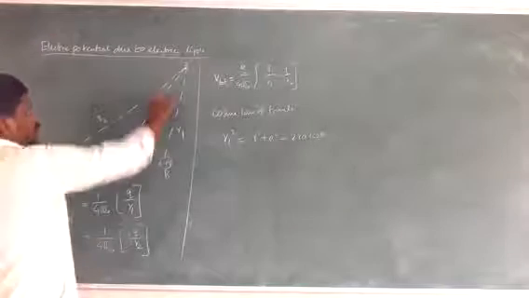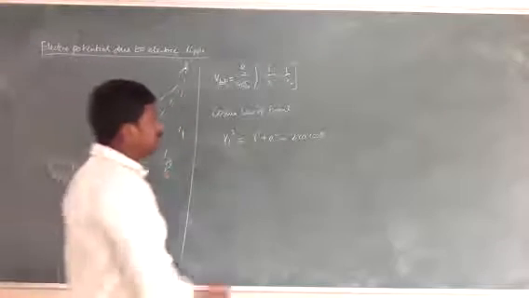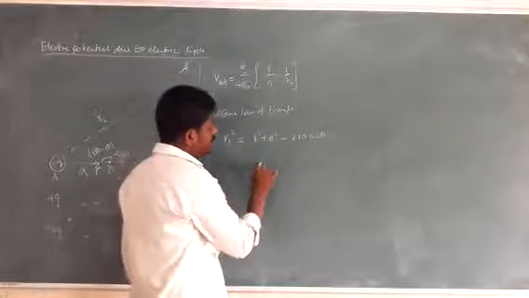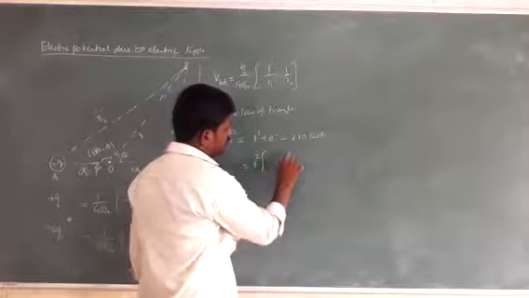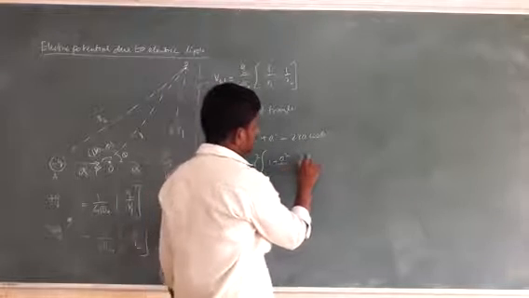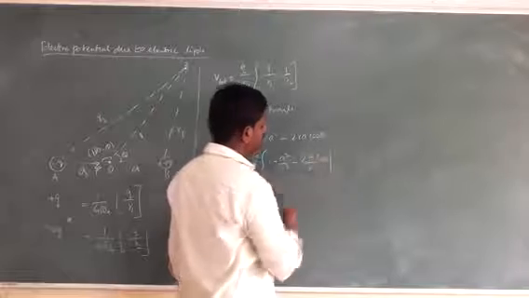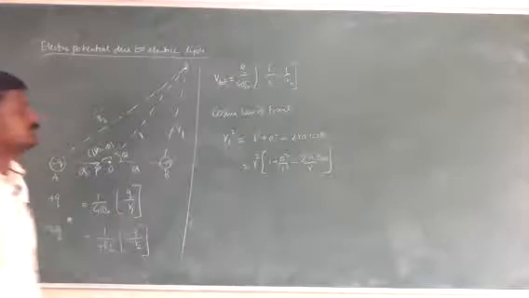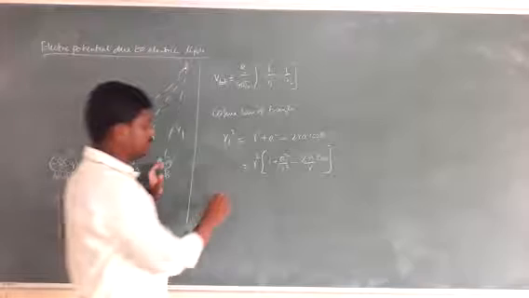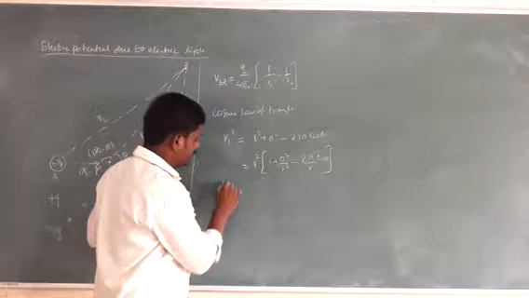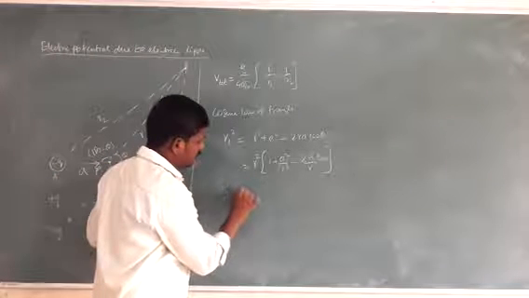So triangle OPB. Then taking out common r squared, it's 1 plus a squared by r squared minus 2a by r cos theta. Here a squared by r squared is neglected.